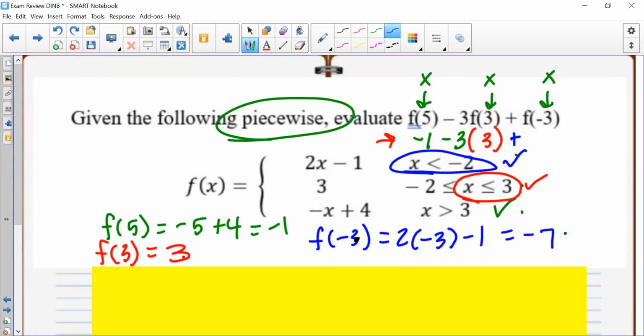So f of -3 is -7, so I'm going to plug that in here. So to find my final answer, this is what I'm typing in my calculator. -1 minus 3 times 3 plus a -7. And that's going to give me the final answer, which is -17 for this one. So my answer for this is -17.